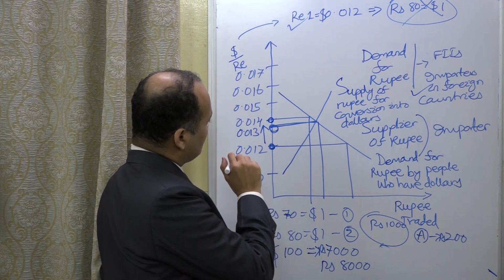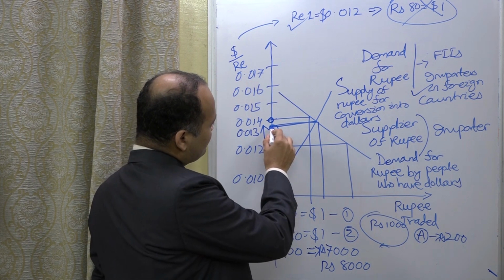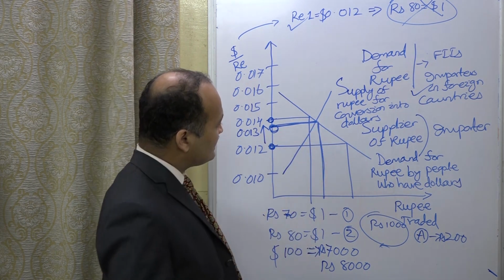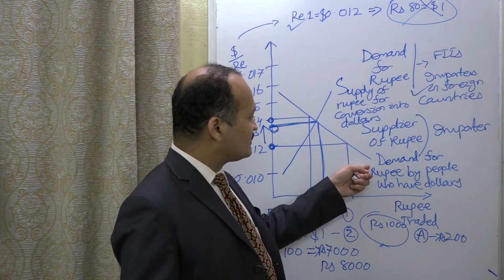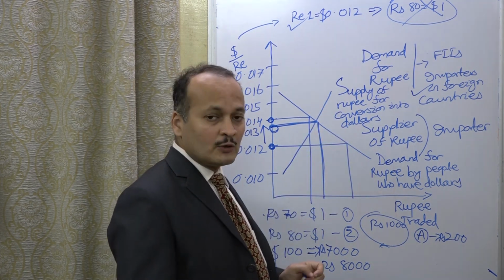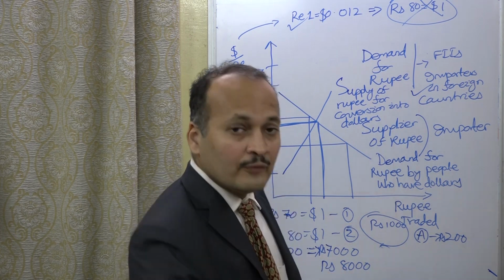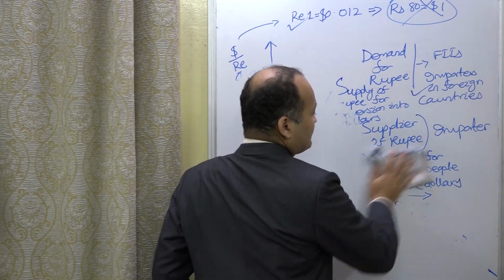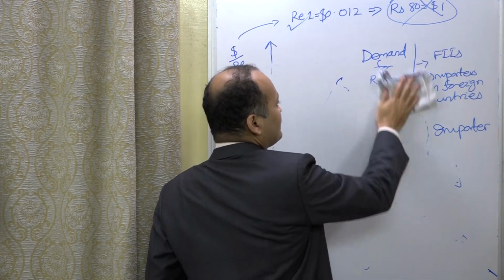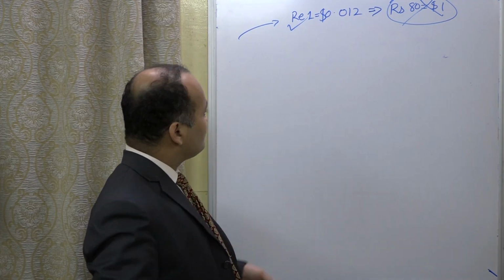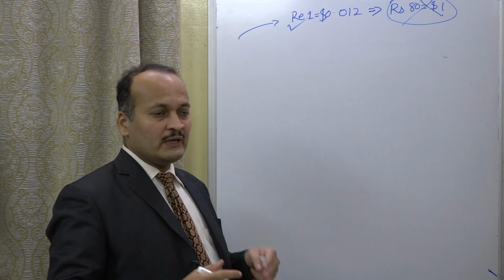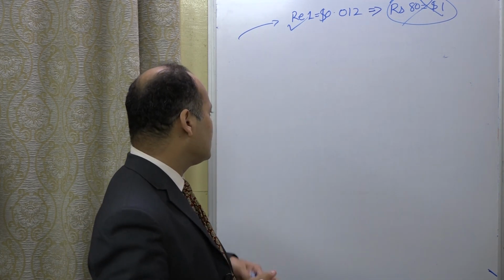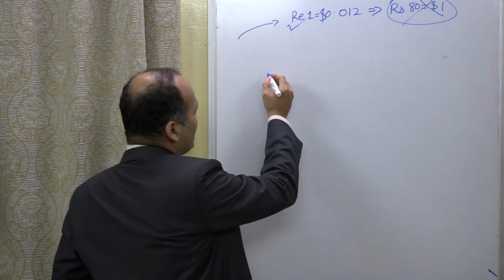So this is how the exchange rate will be at a particular level at a given point in time, governed by the demand for and supply of rupee. Now we can see how different forces have a bearing on the exchange rate. Let us start from a point where the rupee dollar exchange rate was at a particular point, governed by the forces of demand and supply.